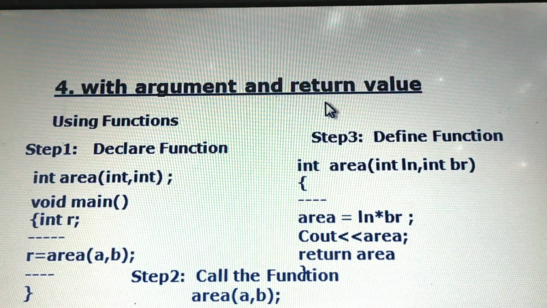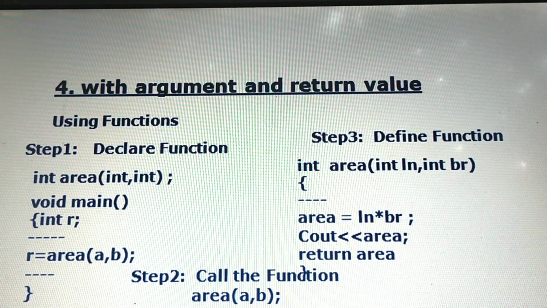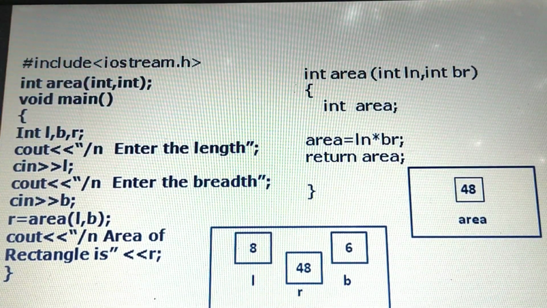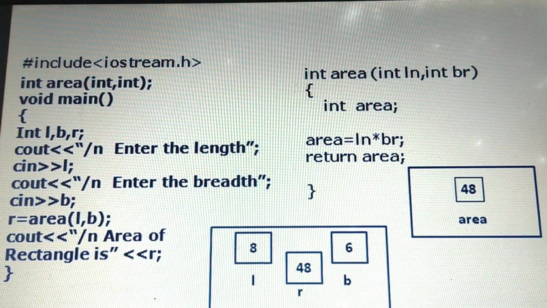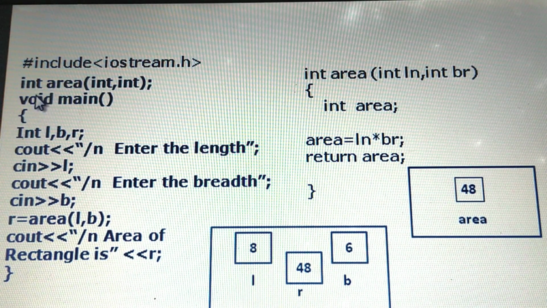Let us do one exercise with the argument and return value. The same program we can modify with the last type of function. Argument is there, return value is also there. If a return value is there, in the declaration we have to give the type of the returning value. Here int. Name of the function is area.